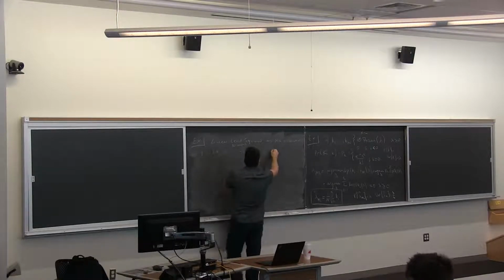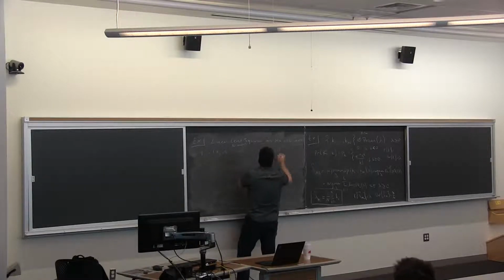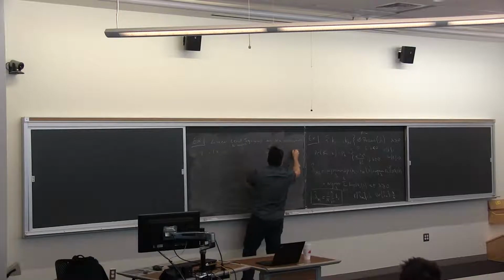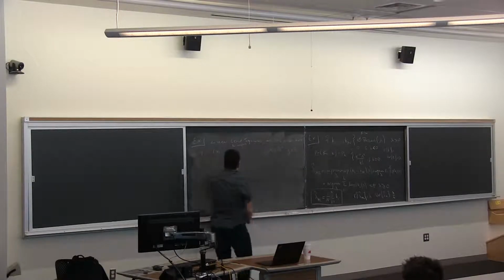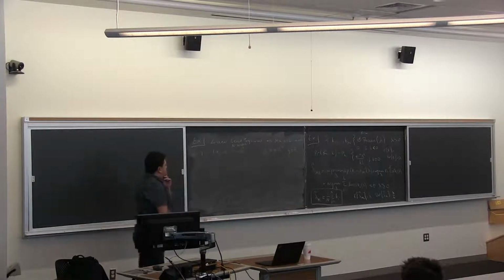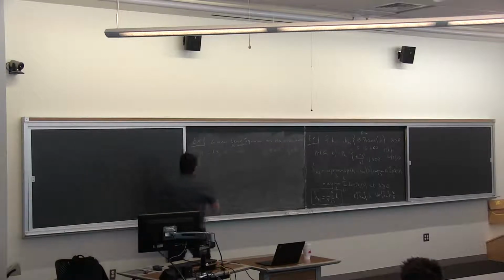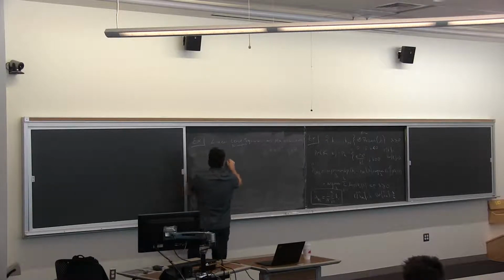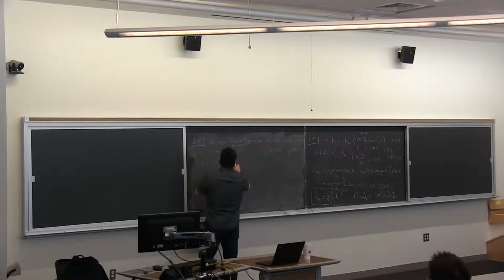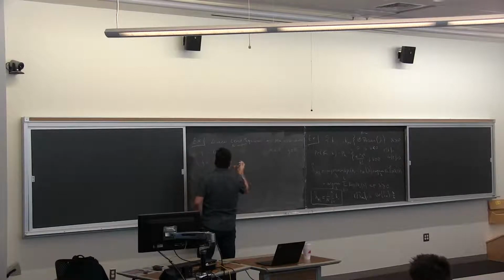So xi is small n dimensional, y's are scalars, and I'm assuming that these are generated according to the following model. So y is equal to w transpose x plus, I'm going to use v, no, I'm using n for samples, so yeah, let's use u.